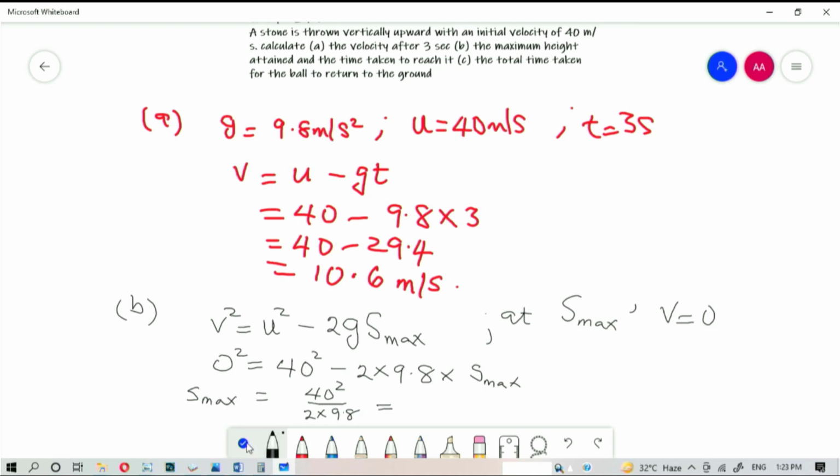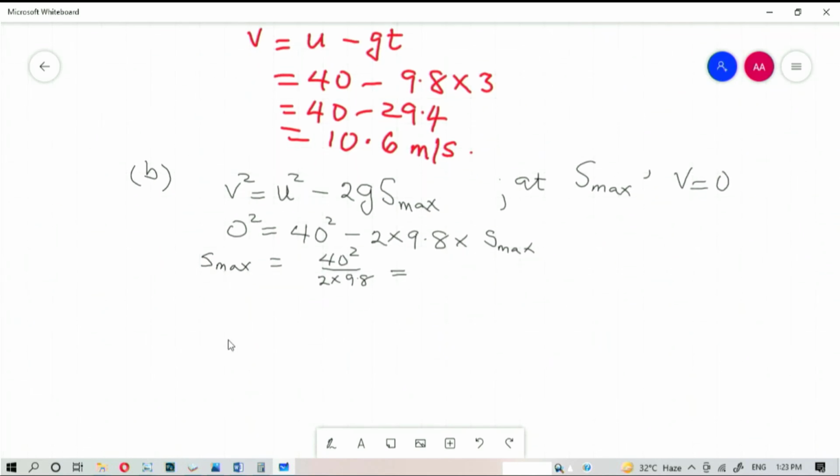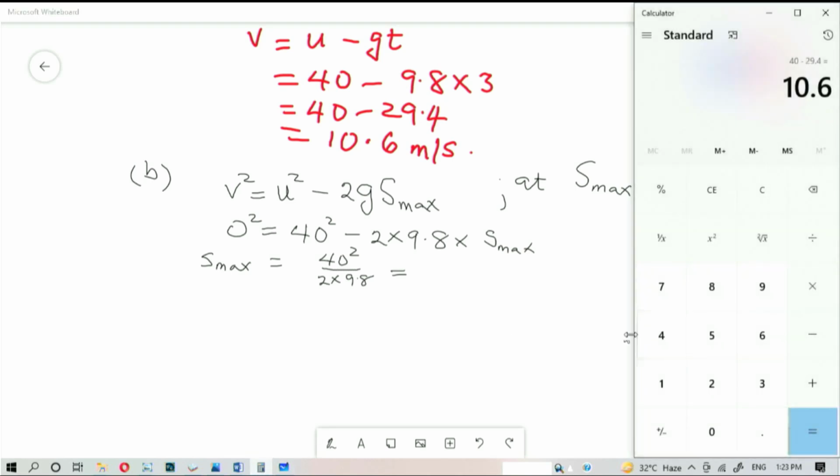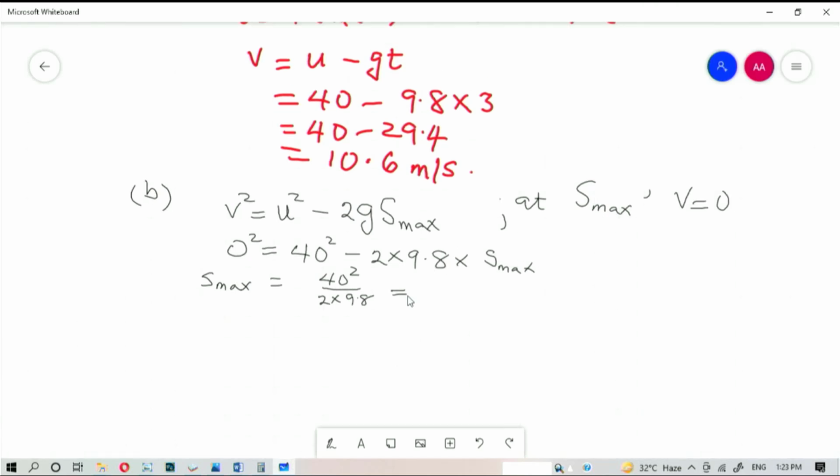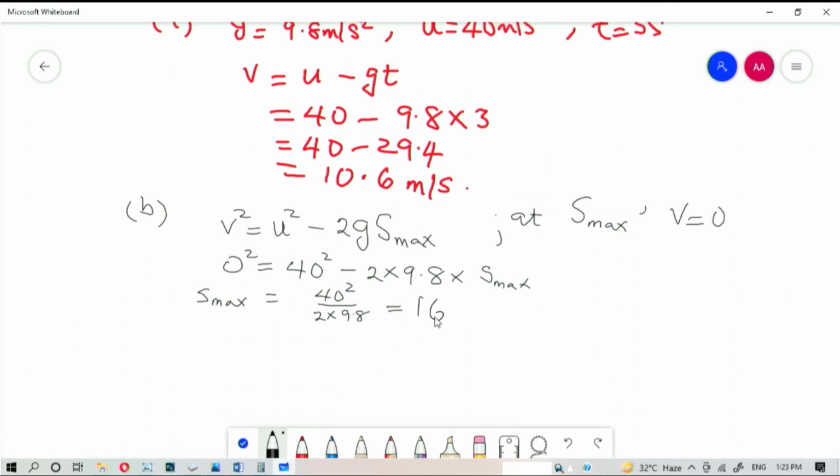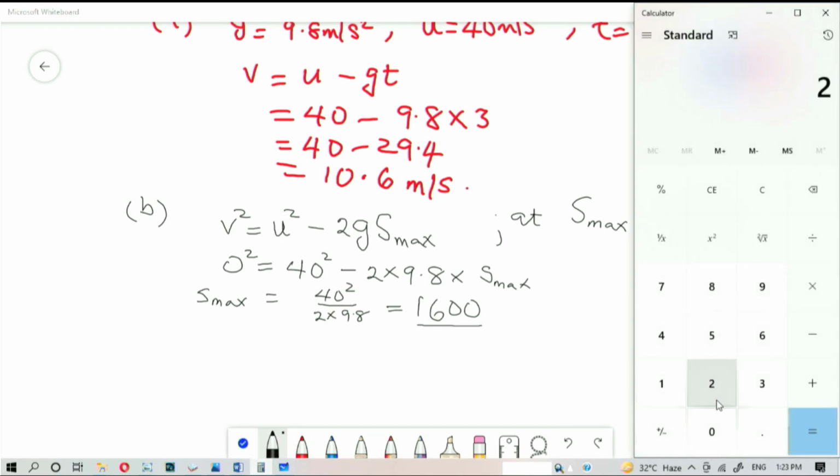Let's calculate that. 40 square is equal to 1,600, upon 2 times 9.8, which is 19.6.